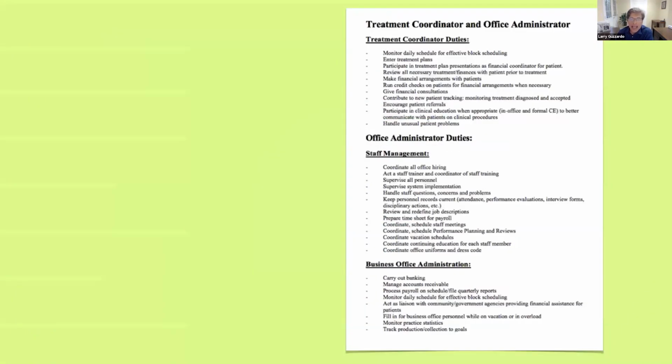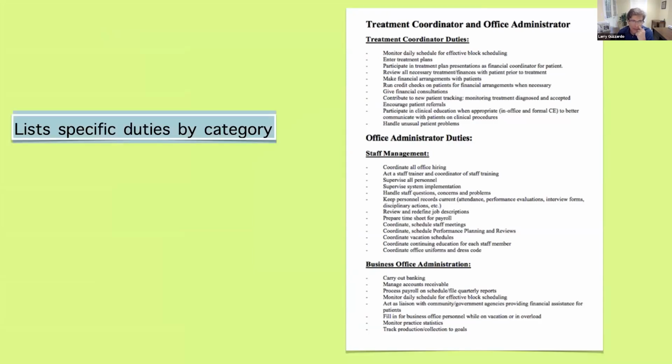So when you're looking at the actual task assignments for the position, I like the duties to be defined by category. So for this particular position, there's treatment coordinator duties, there's office administrator duties, and there's business office administration. And so I like to just list them all like that. So it's very easy for the person to refer back to that information.